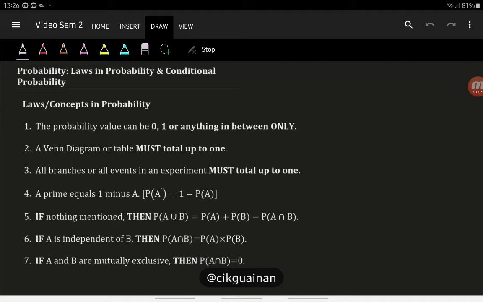First thing first, the probability value can be 0, 1, or anything in between only. Why did I put only? Because some students just use whatever value they get from the calculator and consider it the final answer.